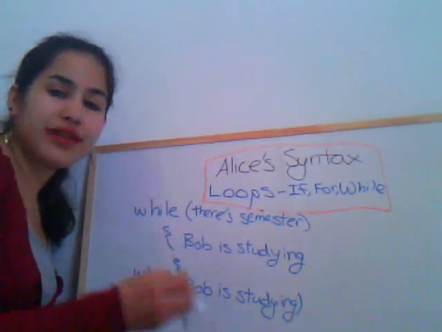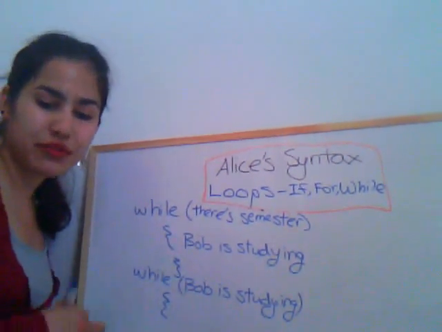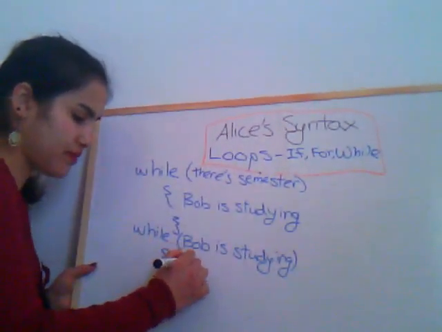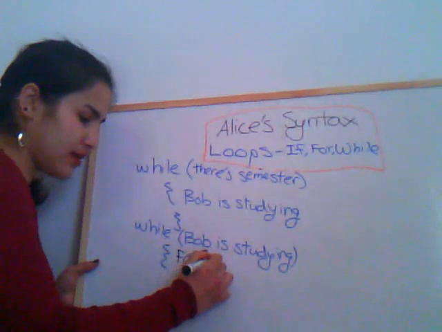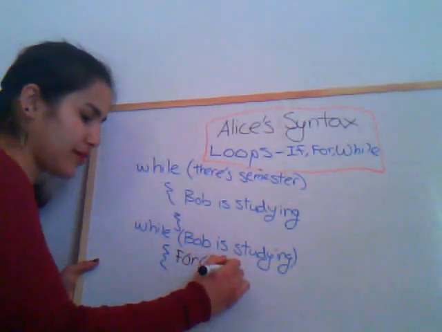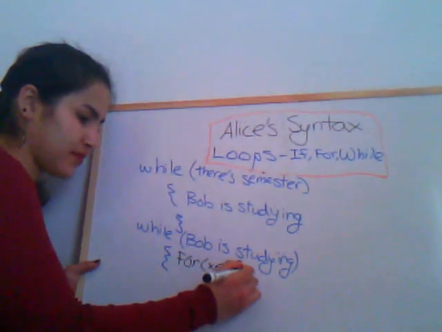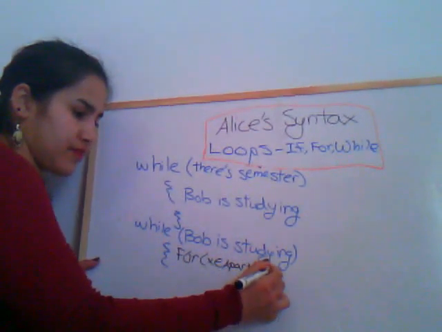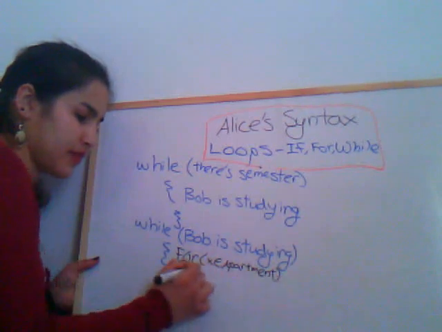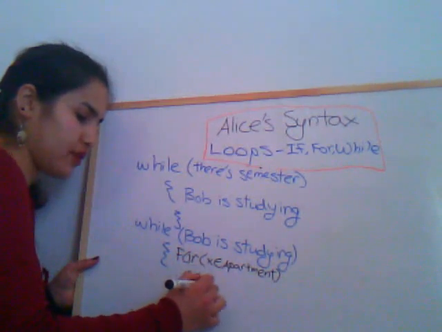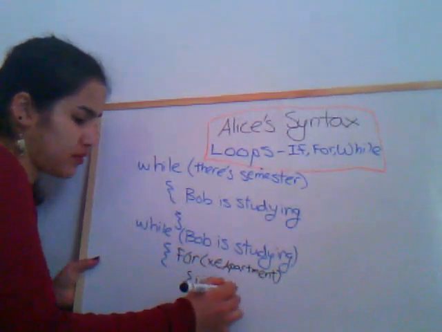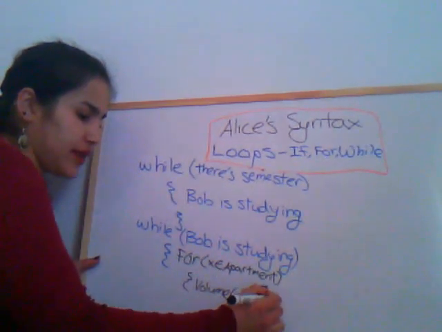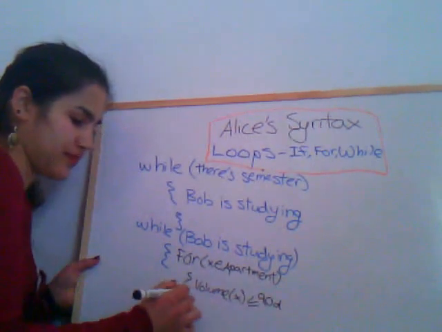But we want to use a for loop now, just to practice what we did up till now. So, for x in apartment, then we'll have to say this: volume of x is less than or equal to 90 decibels.